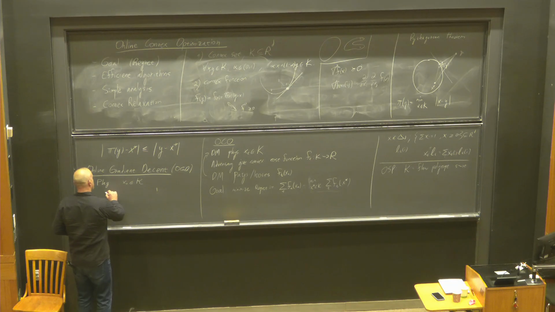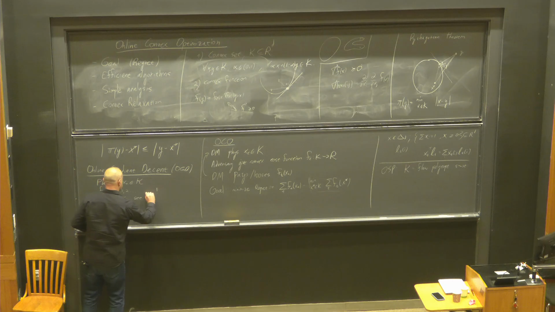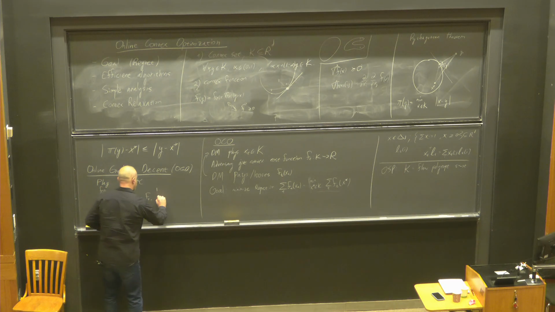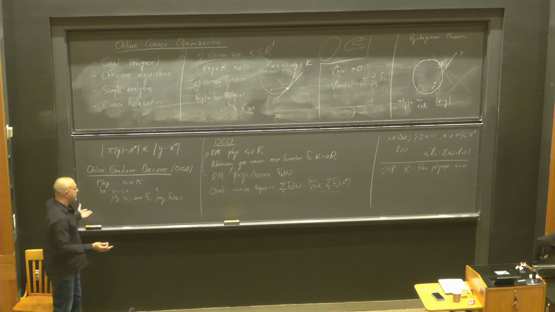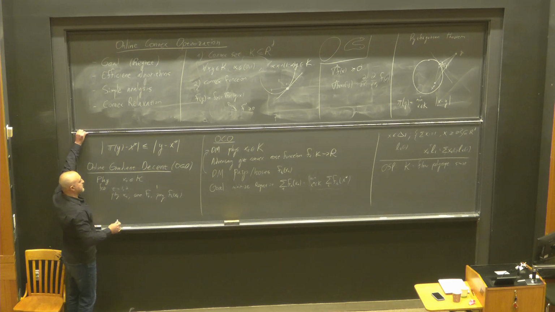And then for t equals 1, 2, and so on, you play xt, you see ft, you pay ft of xt. So far, I didn't say what the algorithm is. This is just a setting.